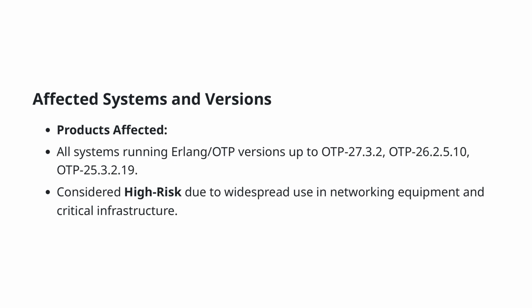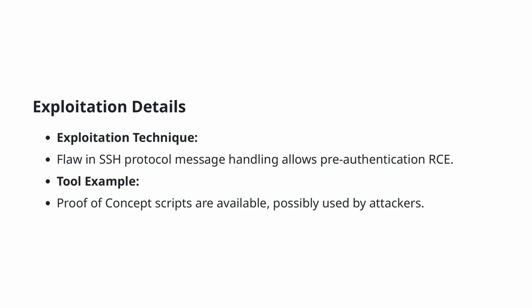In this slide, we're focusing on the exploitation details concerning a flaw in SSH protocol message handling. This vulnerability allows for pre-authentication remote code execution, or RCE. Essentially, this means that attackers can potentially execute arbitrary code on the affected systems before authentication occurs, which poses a significant threat.